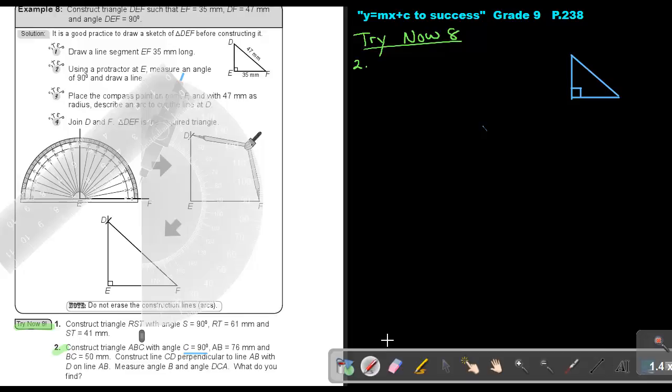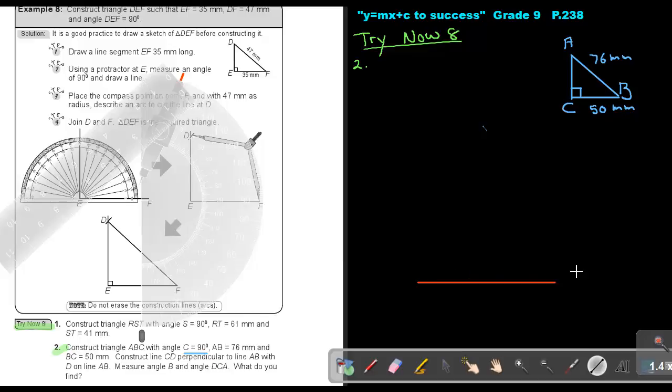In this case, it's angle C. Then I can call this A and this B. Now fill in: AB is 76 millimeters and BC is 50 millimeters. Okay, now let's start.